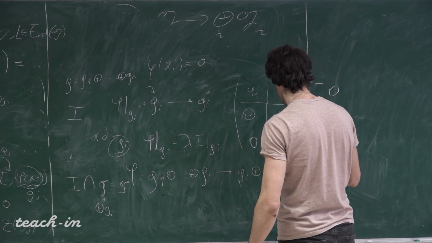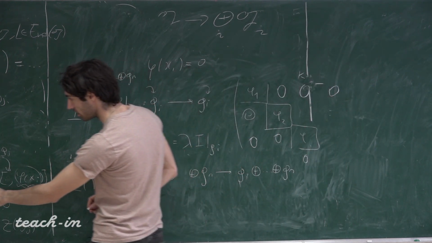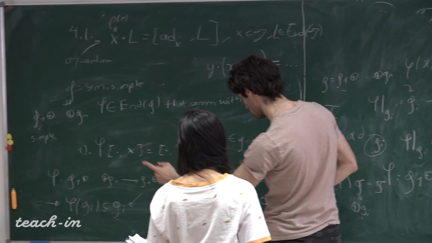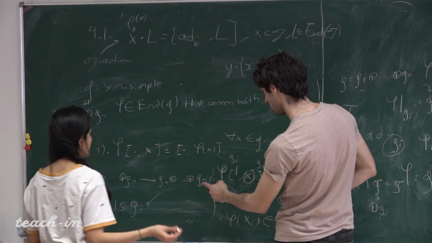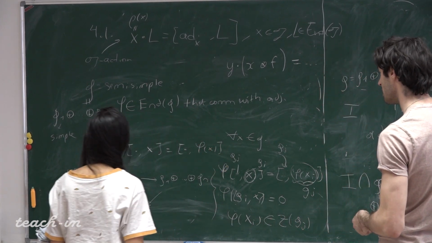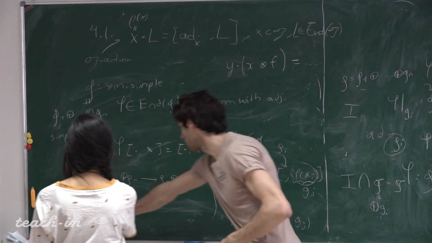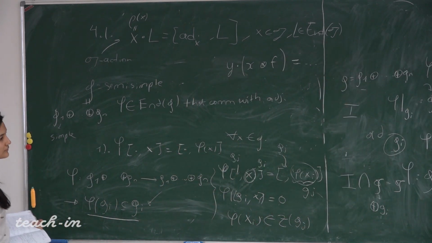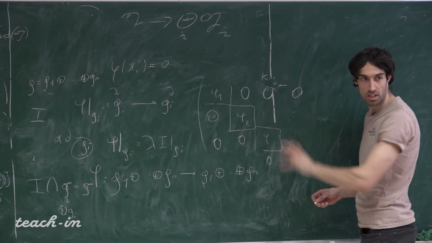So when you were proving this, you proved that your off-diagonal blocks are zeros.